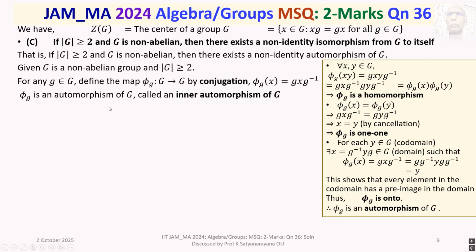Now, when is this automorphism non-trivial, that is, non-identity?